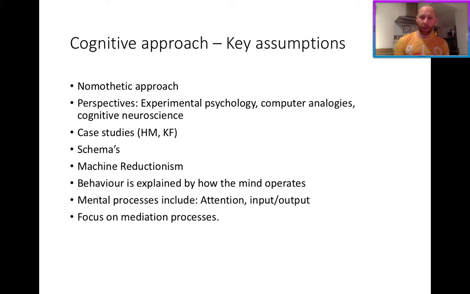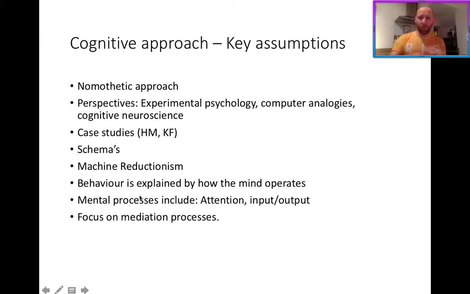Now, just to recap some key cognitive features. Remember, the cognitive approach adopts a nomothetic approach, which means we make general rules and laws based on specific studies and cases. We use different experimental methods, including experimental psychology, computer analogies, and neuroscience.